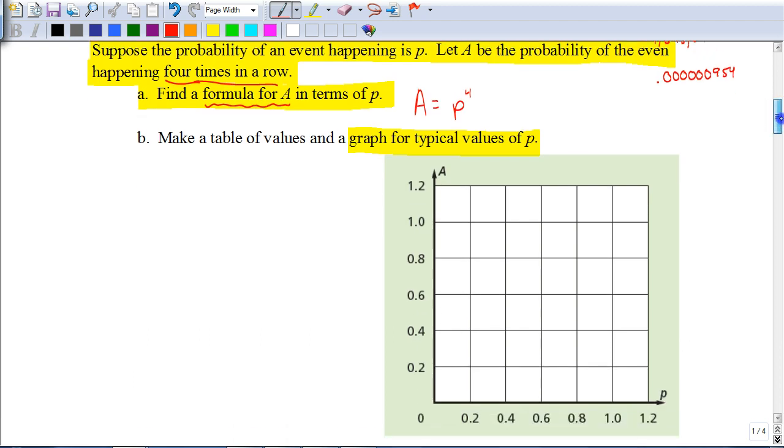So my independent variable in this case is P. My dependent variable is A, the total amount. Before we do that, here's a little note about probabilities, and that's the fact that probabilities are always between 0 and 1.